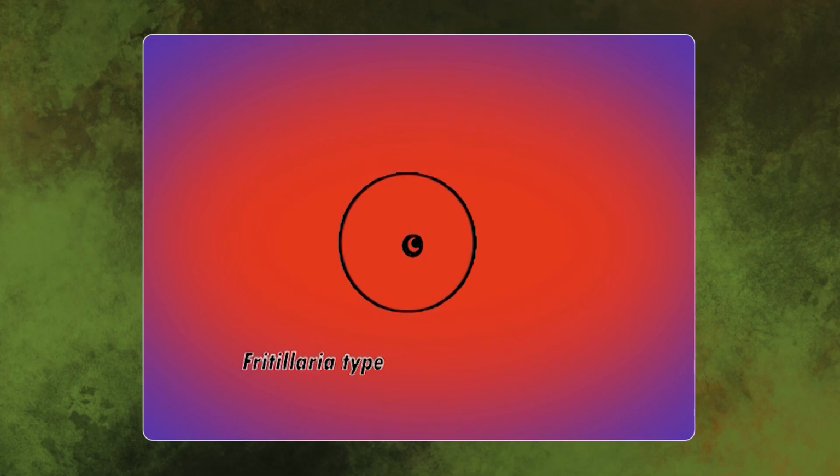Category 2 of tetrasporic embryo sac, where nuclear fusion occurs. In this category, 3 megaspore nuclei fuse to form a triploid nucleus at the chalazal end of the coenomegaspore. The 4th nucleus at the micropylar end remains haploid. It includes the following 2 types. Fritillaria type.